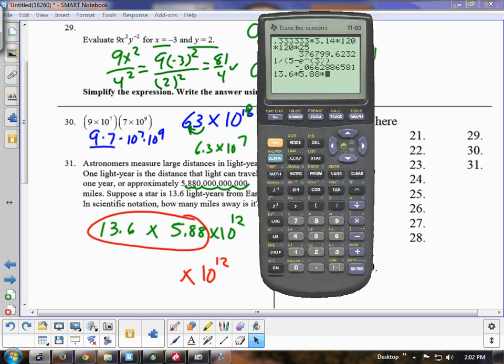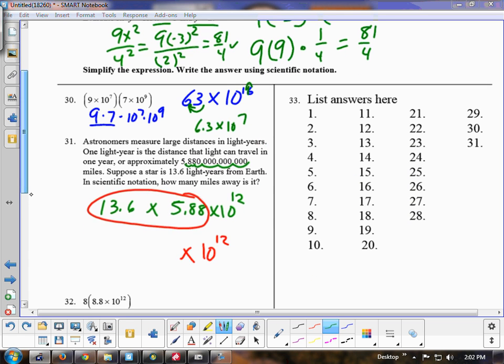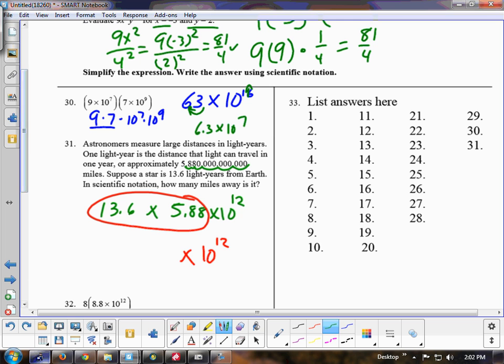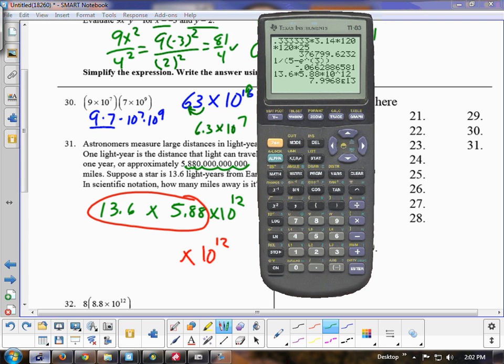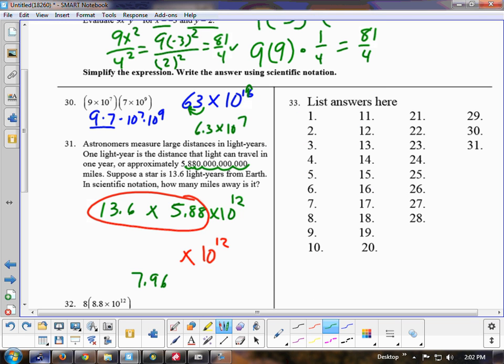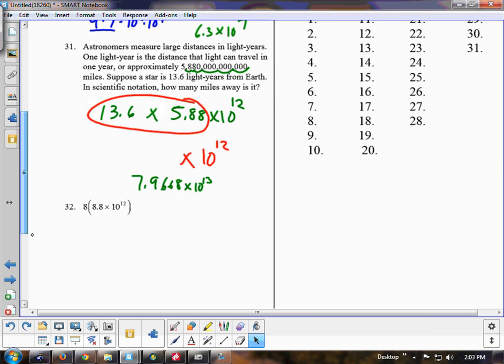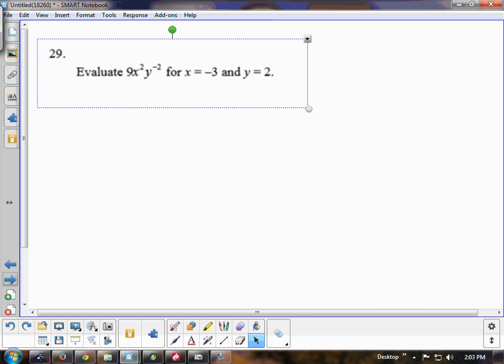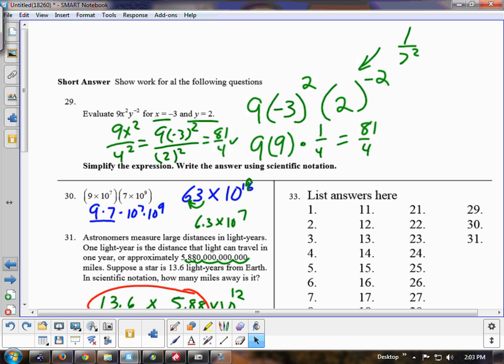I can even multiply that times 10 to the 12th. I get this really big number. Well, how do I interpret that answer? It's going to be 7.9968 times 10 to the 13th power. That's one way to do that, and that's probably the best way for you to do it.